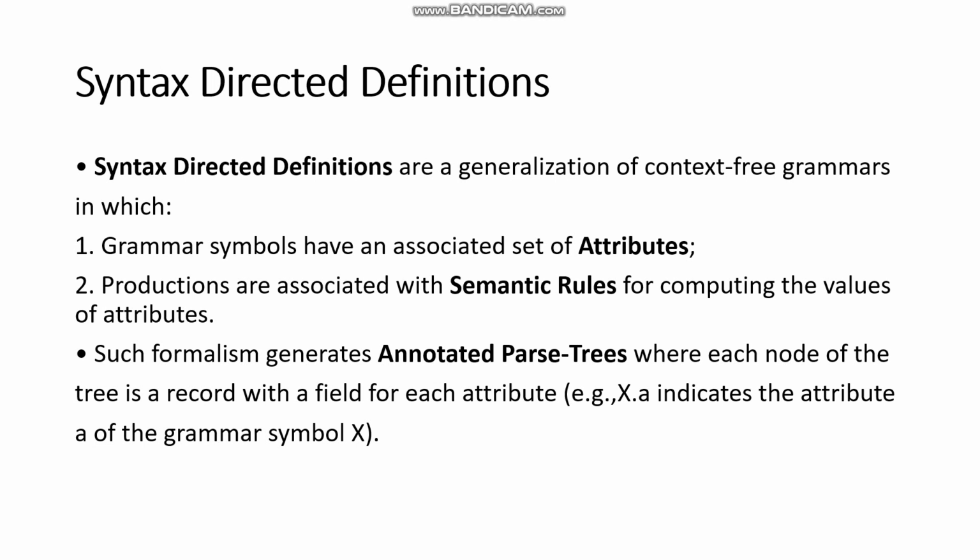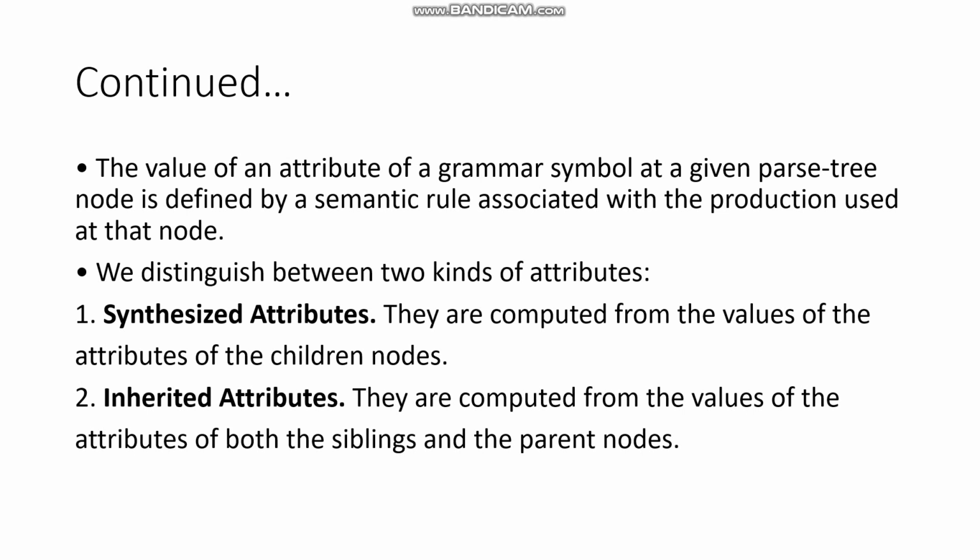For example, X.a indicates the attribute a of the grammar symbol X. Next, the value of an attribute of a grammar symbol at a given parse tree node is defined by a semantic rule associated with the production used at that node.